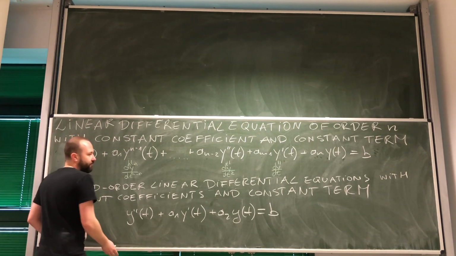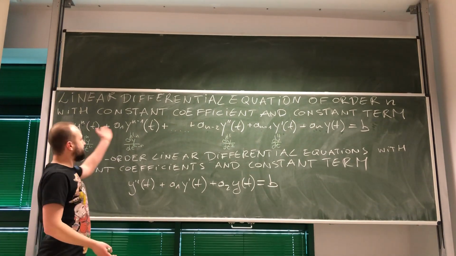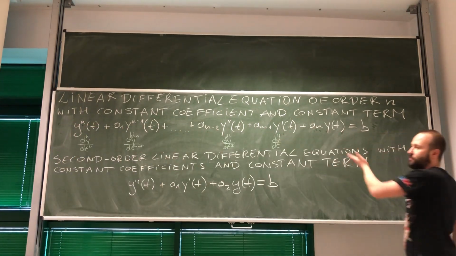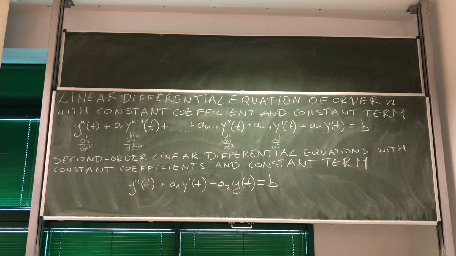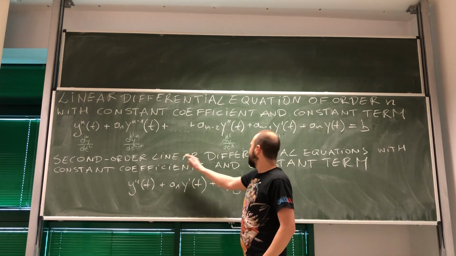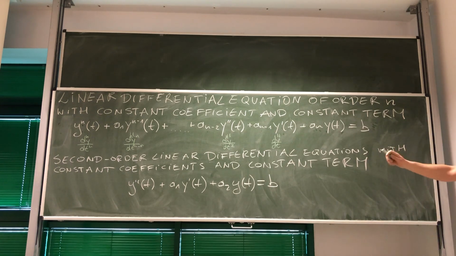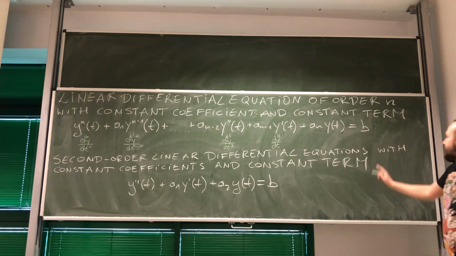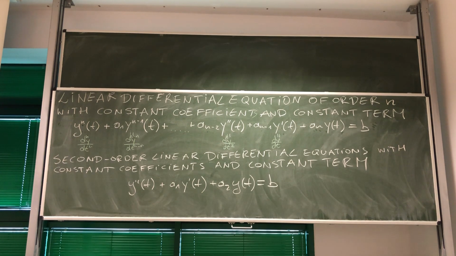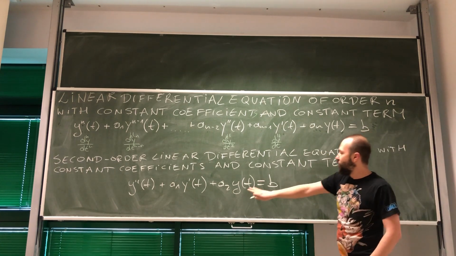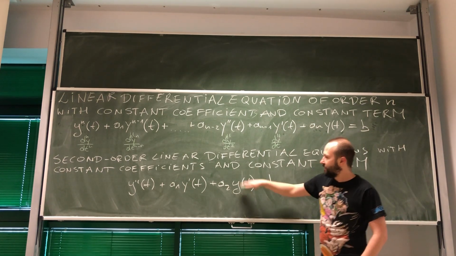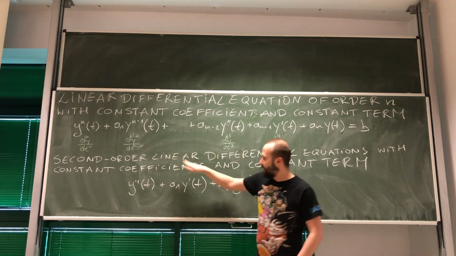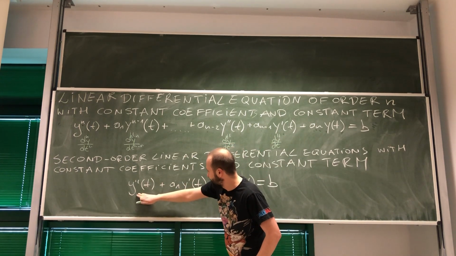However, of course, we're not gonna start with this, because this is a very complicated case. We're gonna start with a second order linear differential equation with constant coefficients and constant term. Okay, so basically what we've got over here is y, a function, its first derivative with respect to time, and its second derivative with respect to time.